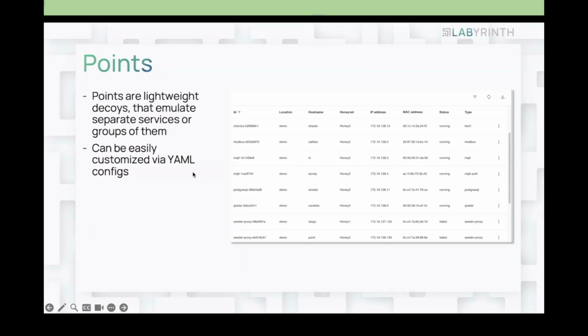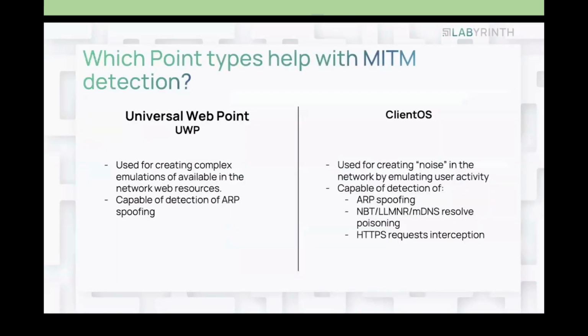Okay, so returning to man-in-the-middle attacks, which points can help us with detection? In general, there are two point types that are capable of doing that. The first one is the universal point. You may be already familiar with that.